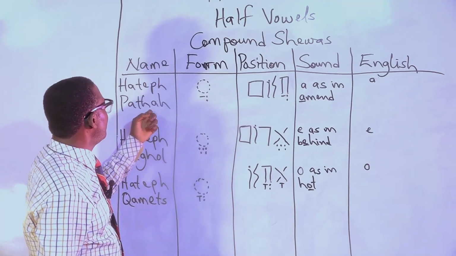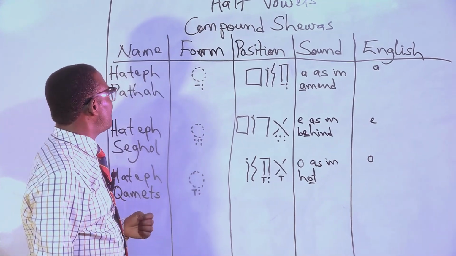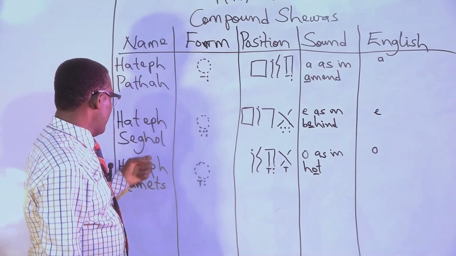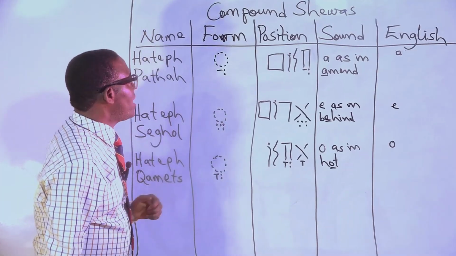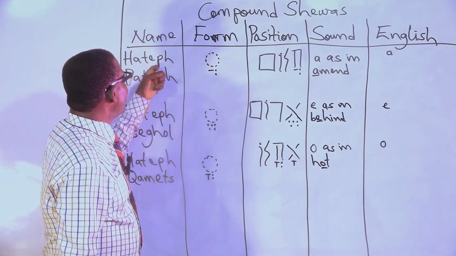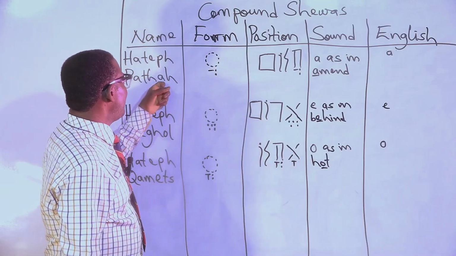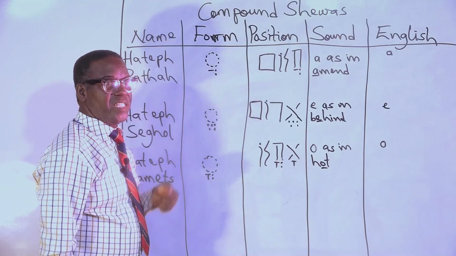The first one is Hateph Patah. The second one is Hateph Segol. And the third one is Hateph Kamets. We pick them one after the other. The word Hateph actually means hurried. In other words, it means hurried pattern. That means it will be pronounced hurriedly.